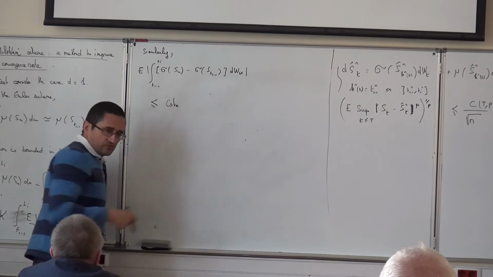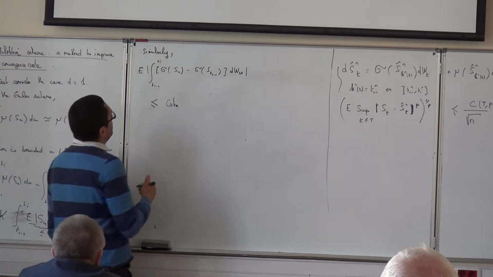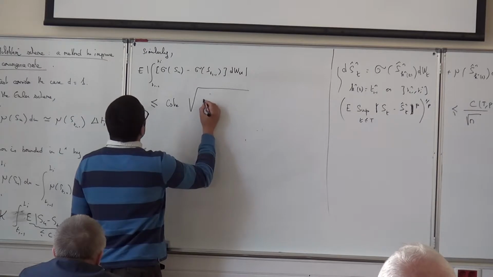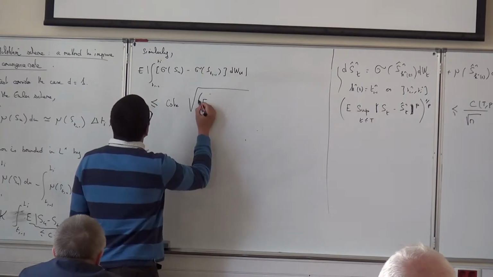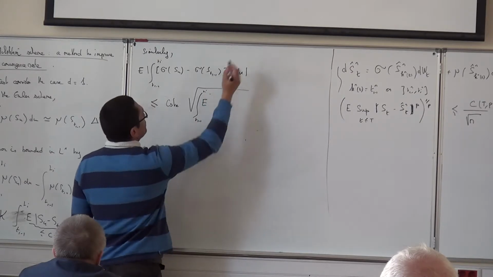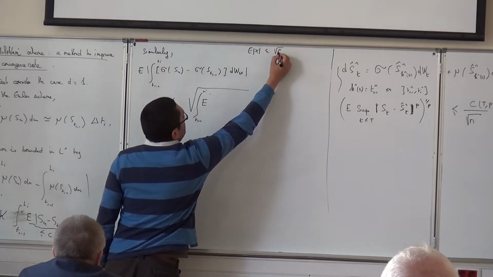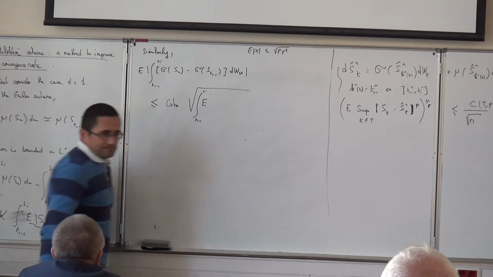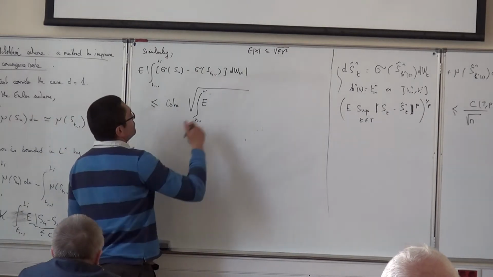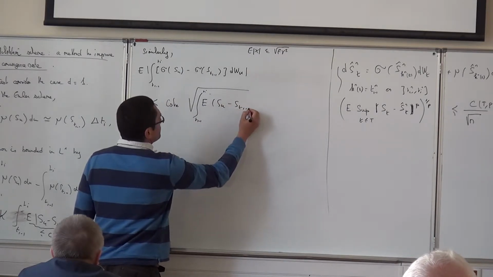You don't mind about this constant, except that it does not depend on n, times the square root of the expectation of this integral from T_{i-1} to T_i. Okay, you use the Cauchy-Schwarz inequality. Now you use the Ito isometry and you get this.